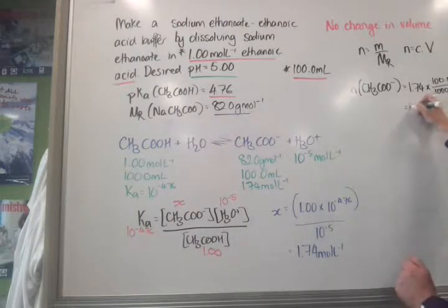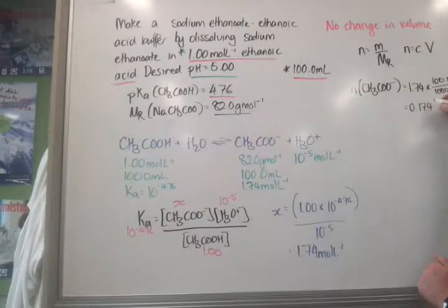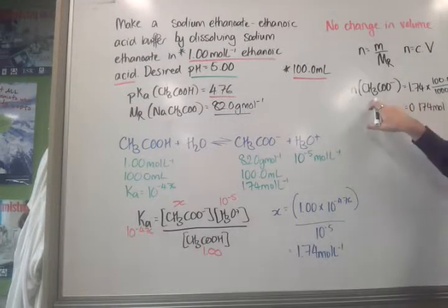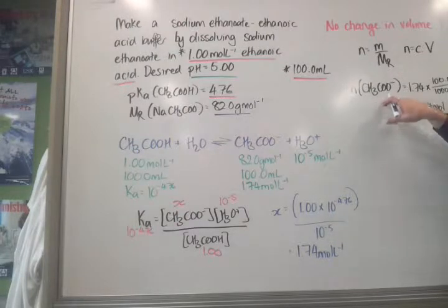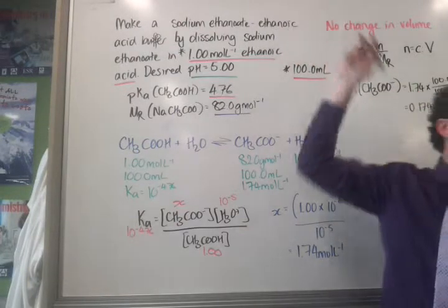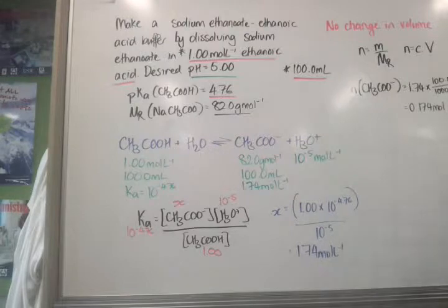So it's quite easy, 0.174 moles of that ion. Now my next thing to check is how many of those ions are in sodium ethanoate. Alright, because if it wasn't a 1-to-1 ratio, then I need to consider that in working out the mass.